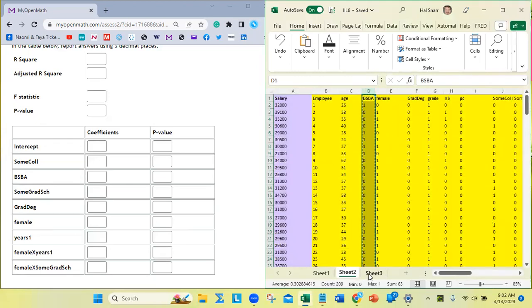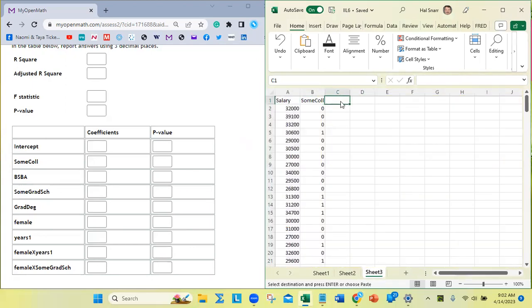So I'm going to hotkey it here. Control-C, Command-C if you're using a Mac. Right click, paste special. The next one is some grad school.